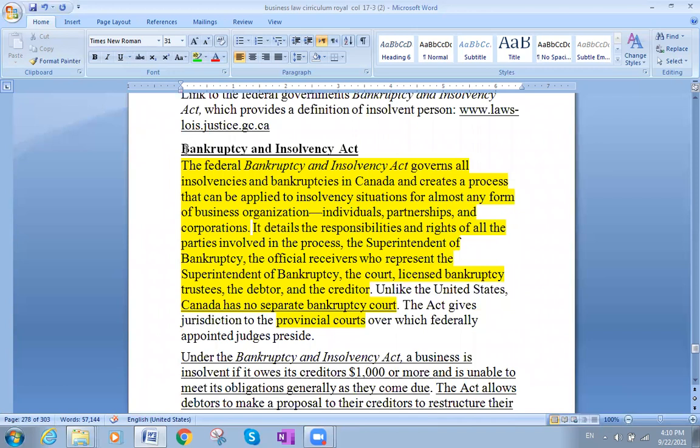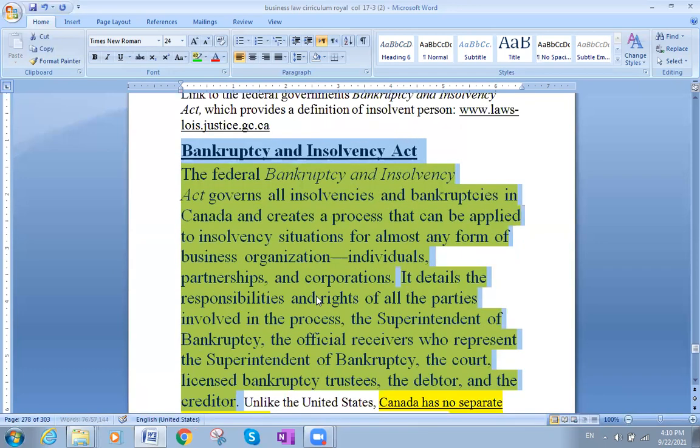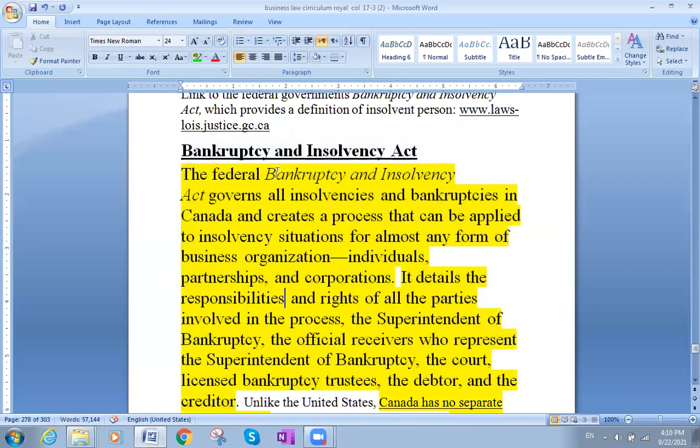Now we have to talk about the Bankruptcy and Insolvency Act. The federal Bankruptcy and Insolvency Act governs all insolvencies and bankruptcies in Canada and creates a process that can be applied to insolvency situations for almost any form of organization: business organization, individual, partnership, and corporation.